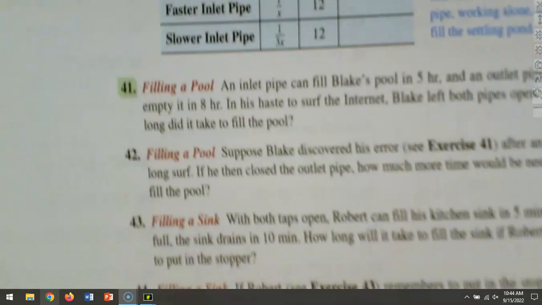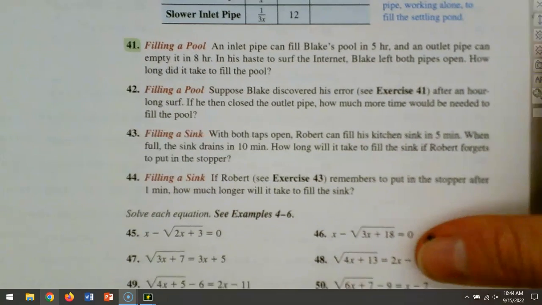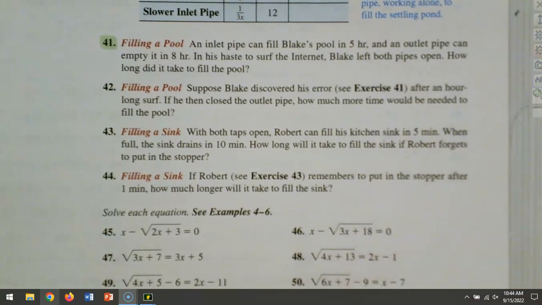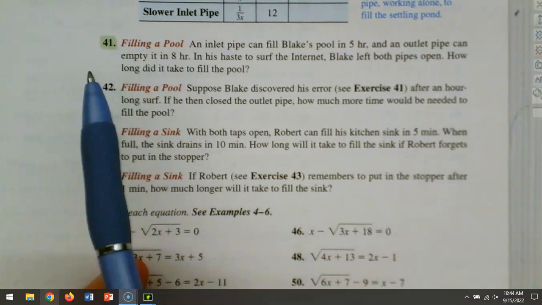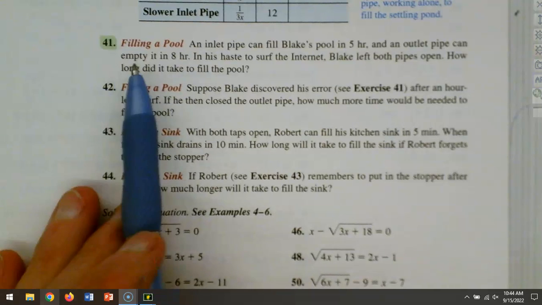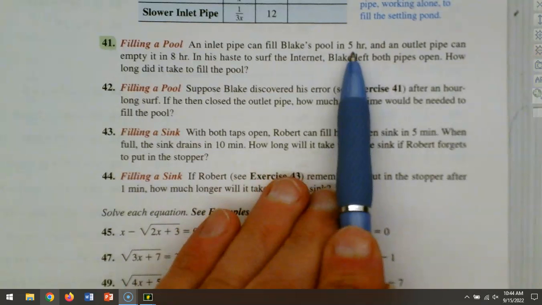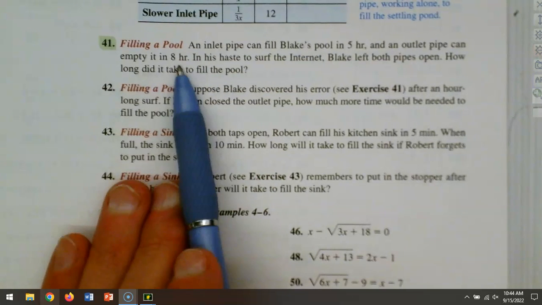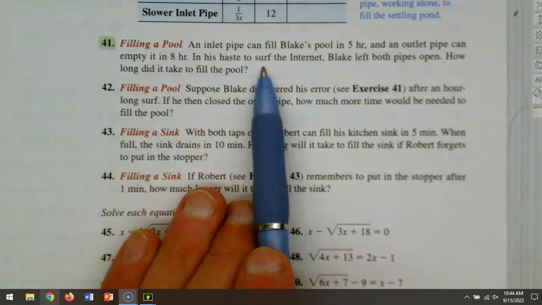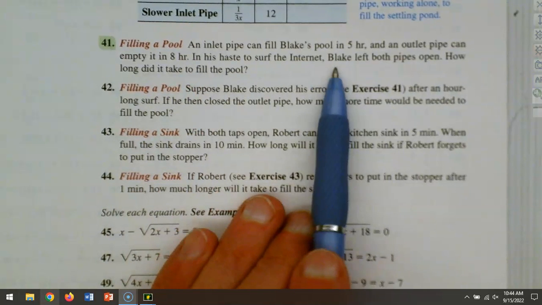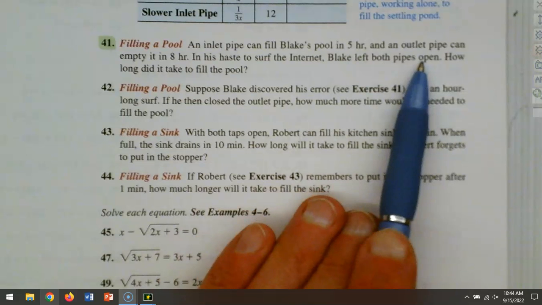Question 41. We're going to be trying to fill up a swimming pool. So an inlet pipe can fill Blake's pool in 5 hours. The outlet pipe can empty it in 8. In his haste to surf the internet, Blake left both pipes open.